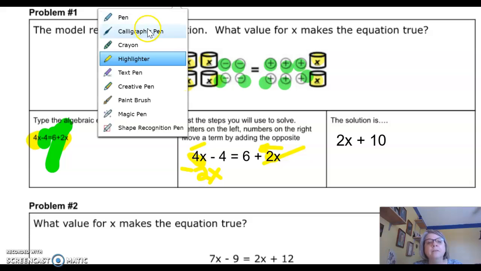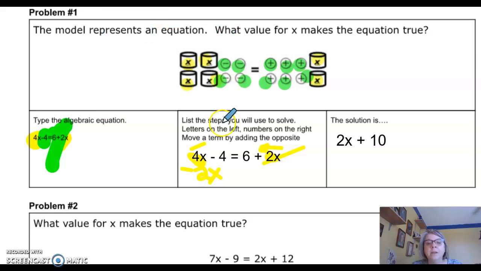Okay, I'm going to switch to a pen. My negative 4, I'm going to put a line right there between my sides. I'm going to move my negative 4, and since it's negative on this side, when I move it, it's going to be plus 4. 6 plus 4 is 10.